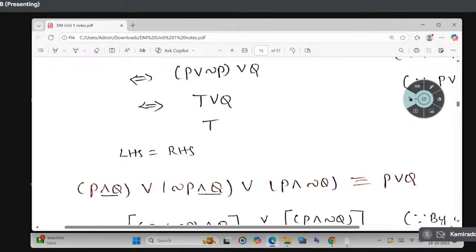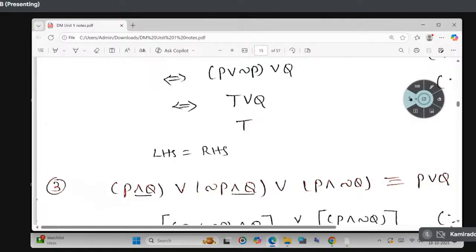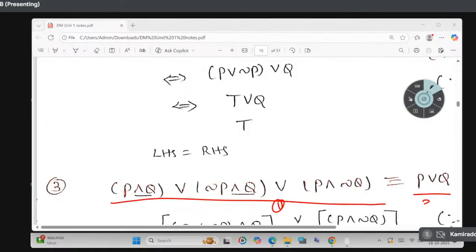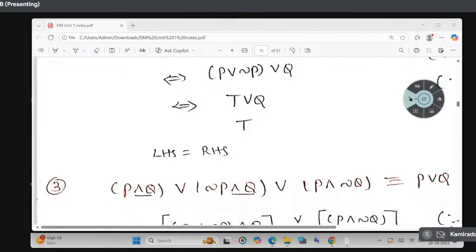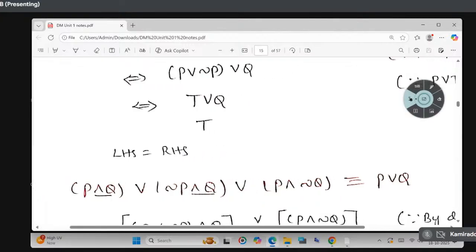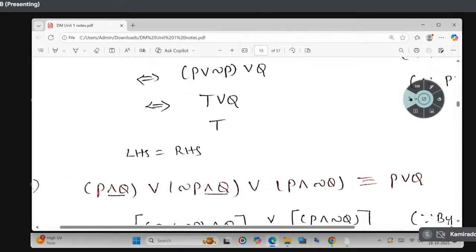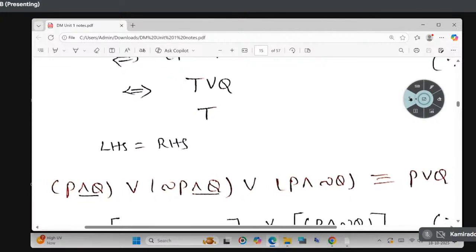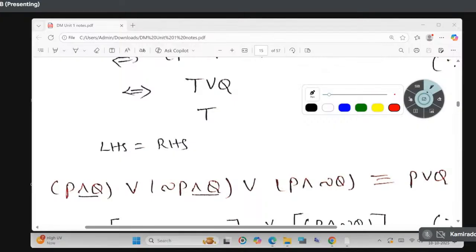What is your LHS value and what is your RHS value? According to the given numbers, which is LHS, which is RHS?